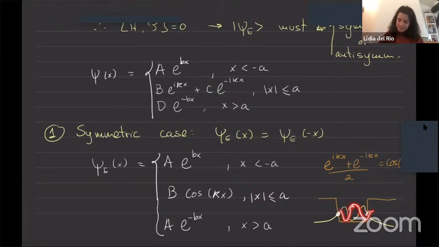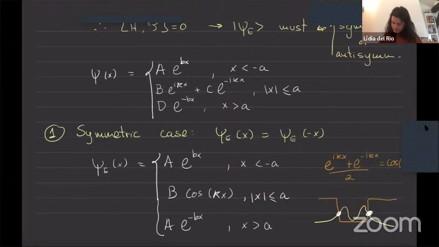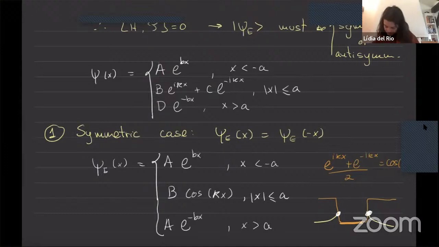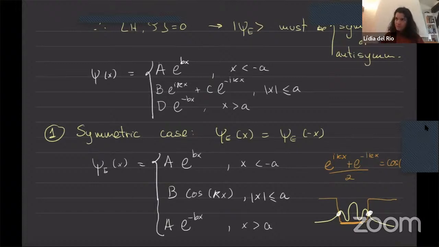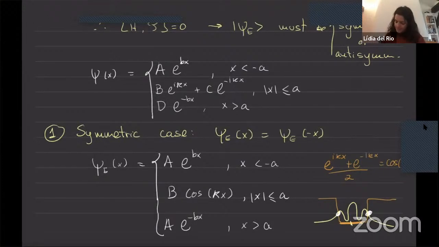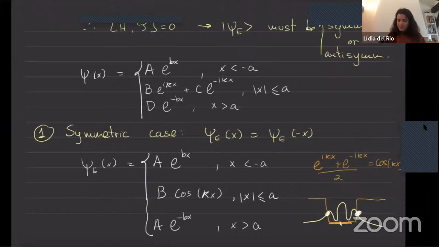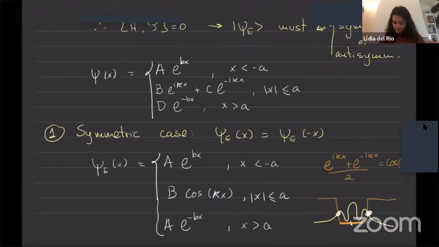Okay, let me erase it actually. We don't know anything about k. I don't know, something like this. But in the middle, cosine of 0 is 1. Okay. So they look like this. We still have some freedom in this case. And we still have some freedom in this A and B.